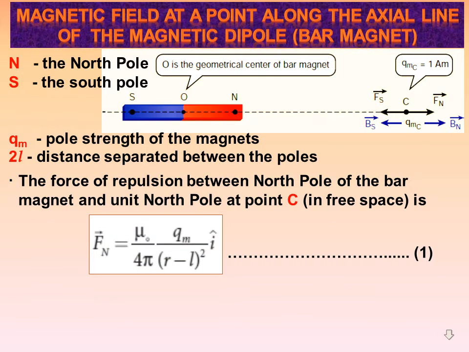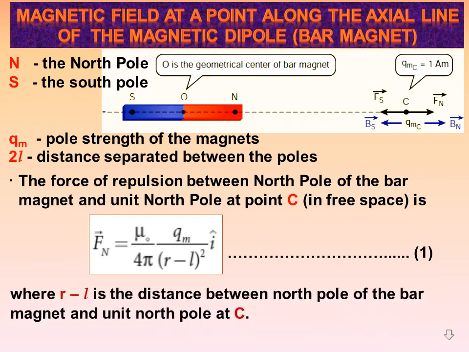The force of repulsion between the north pole of the bar magnet and the unit north pole at point C, in free space, F n vector is equal to mu naught by 4 pi into Qm by (r minus l) the whole square, i cap. Here r minus l is the distance between the north pole of the bar magnet and the unit north pole at C.